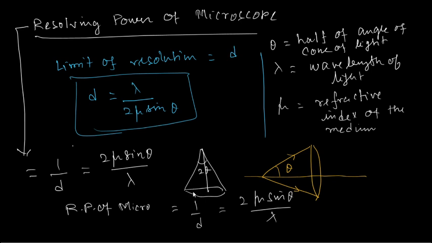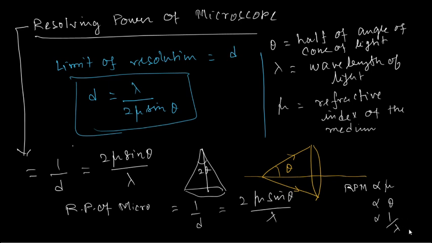The resolving power of a microscope increases when oil of high refractive index is the medium. Higher the mu, greater will be the resolving power. So we can arrive at the conclusion that the resolving power of a microscope is directly proportional to mu, directly proportional to sin theta, and directly proportional to 1 by lambda, that is, inversely proportional to lambda.